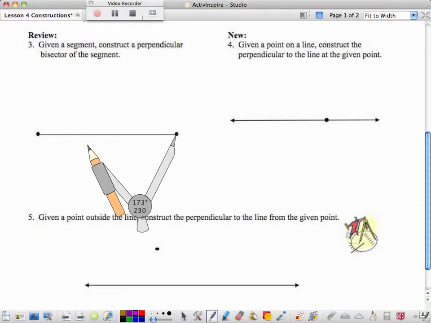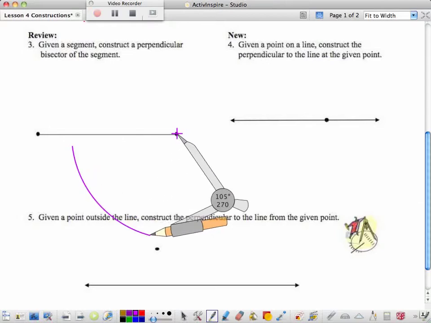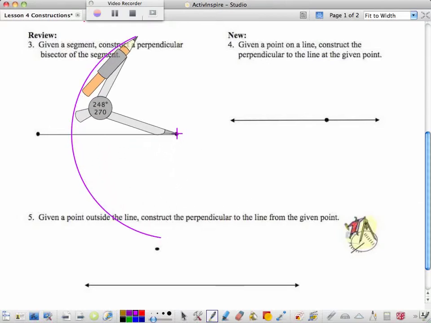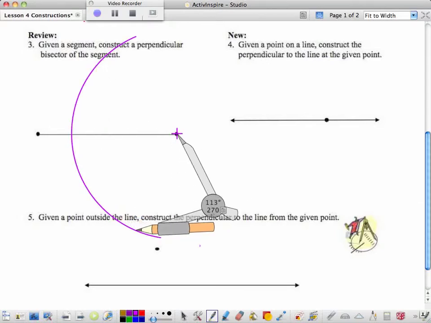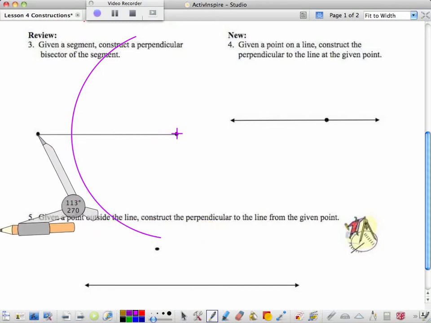Well, you put your compass point on the end point of the given segment. You open your compass wider than halfway. You do your little circle, semicircle, or scoop, not even half a circle, it doesn't even have to be a semicircle. Just far enough so that you think it's going to intersect.